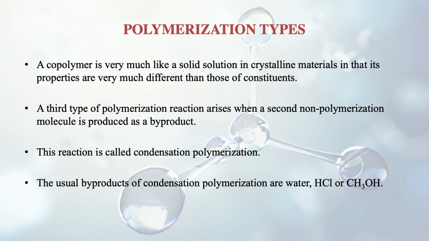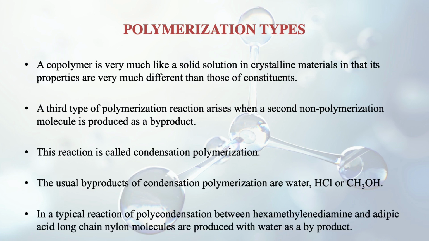If these come out, then it is condensation polymerization. Similarly, hexamethylene diamine and adipic acid combine together to form nylon molecules, and here also the byproduct is water. So this is also an example of condensation polymerization.